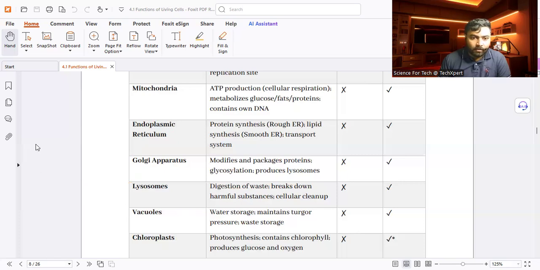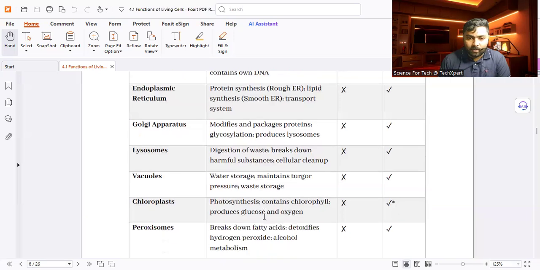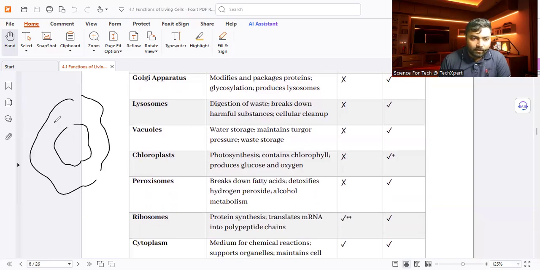Then the vacuole. The vacuole maintains turgor pressure. This is the cell wall and this is the vacuole.